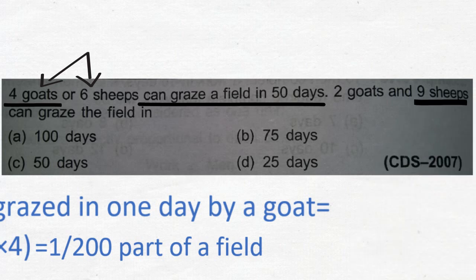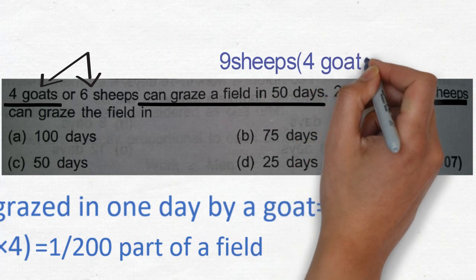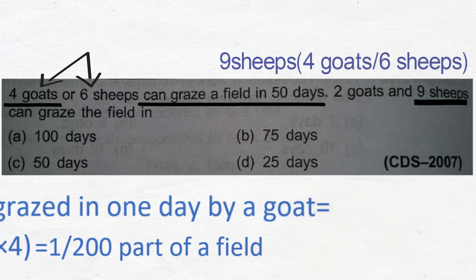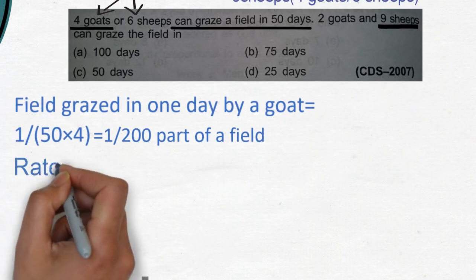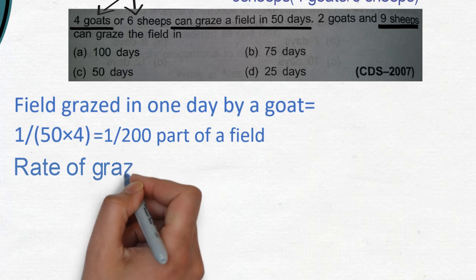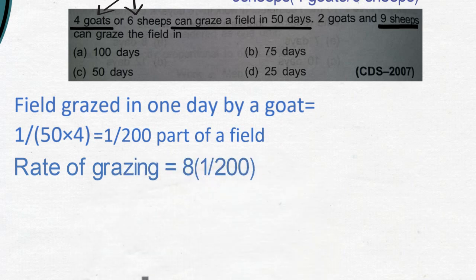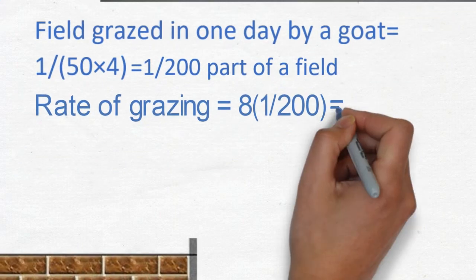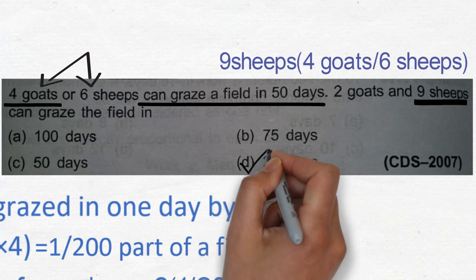So 9 sheep would be equivalent to 9 sheep multiplied by 4 goats divided by 6 sheep, which equals 6 goats. Hence in total we have 8 goats. Therefore the rate of grazing of the field by 8 goats would be 8 multiplied by 1 divided by 200 part of a field per day, which equals 1 divided by t. Hence we get t equal to 25 days.